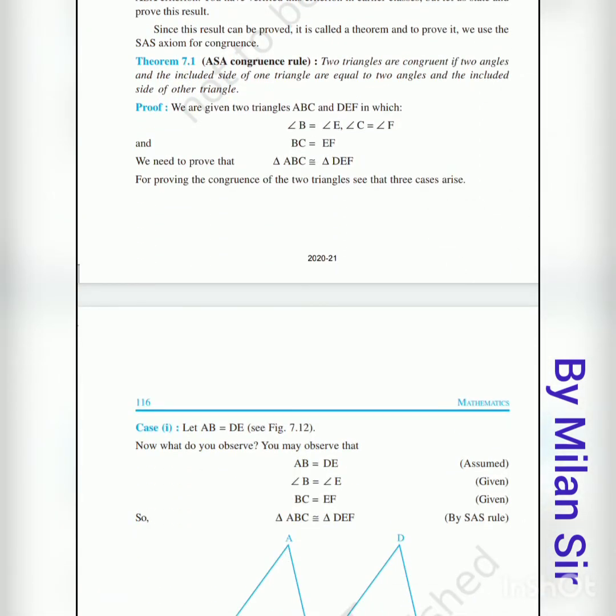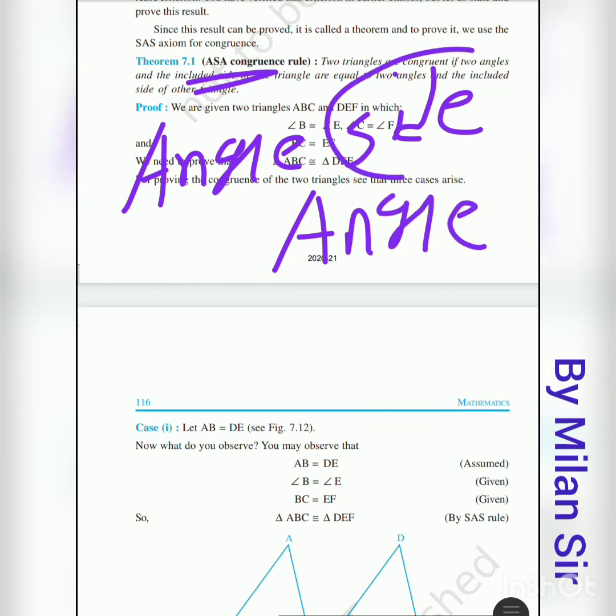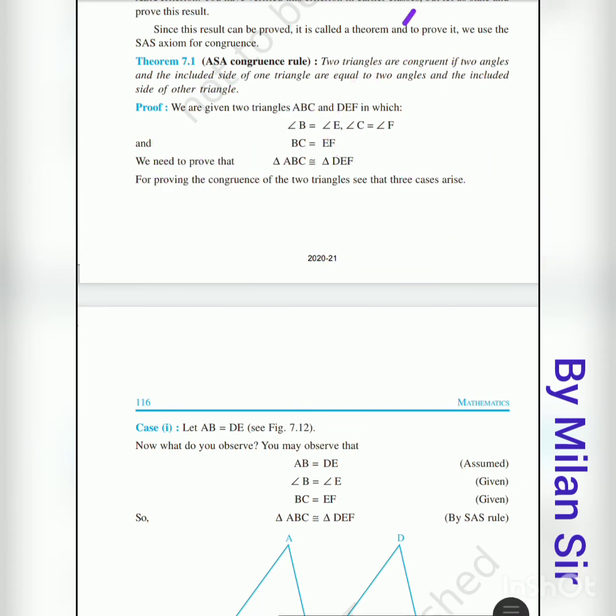After that, similarly, the ASA congruence rule. Okay, ASA means angle, side, and angle. One side, the included side, is between these two angles. So angle, side, angle. First of all, read this line.